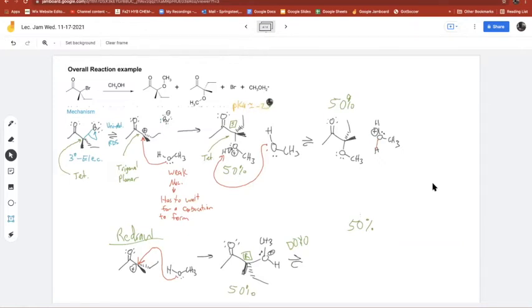Product side acid has a pKa of about -2. But the methanol is the solvent in high concentration. So by Le Chatelier's principle, it'll push it to the product side. I think methanol's maybe like 30 molar or something. You can just look up methanol's density and molar mass and calculate it.